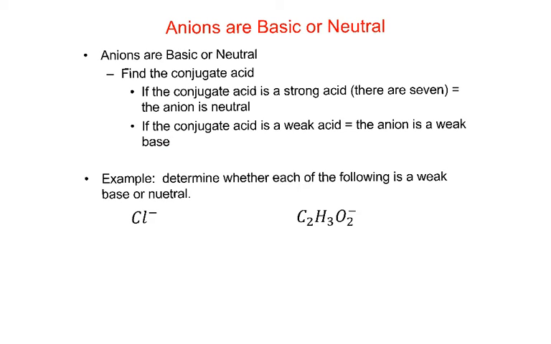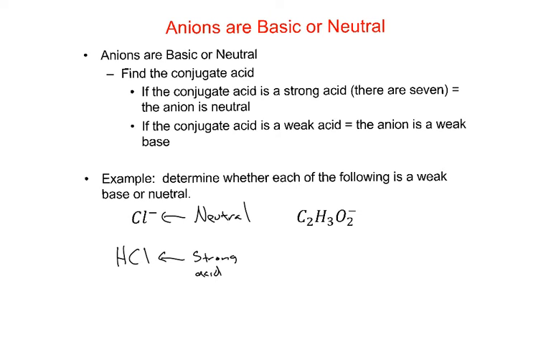I've got Cl-, so I need to find its conjugate acid. If I add an H+ to that, I get HCl. We know that HCl is one of our strong acids. So if HCl is a strong acid, that means its conjugate base, Cl-, is going to be such a weak base that it's in fact neutral.